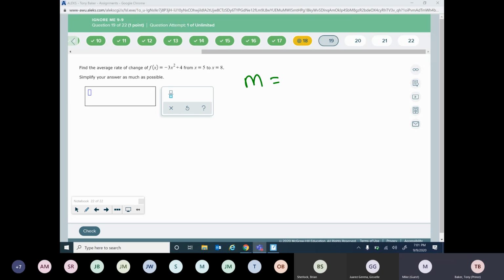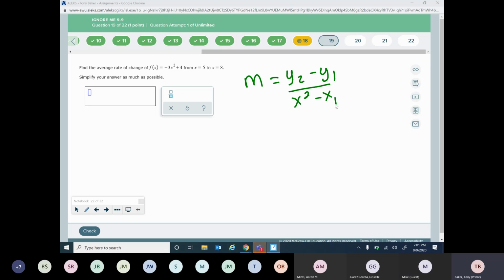If I give you 2 points, how would I find the slope? y2 minus y1 over x2 minus x1. Yep. All right, so that's my equation for slope. So yes, change in y over the change in x.